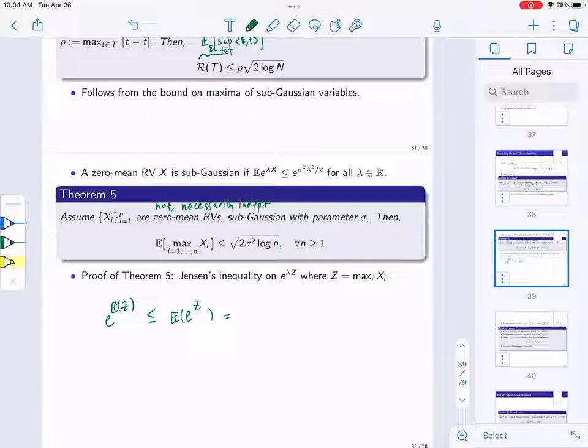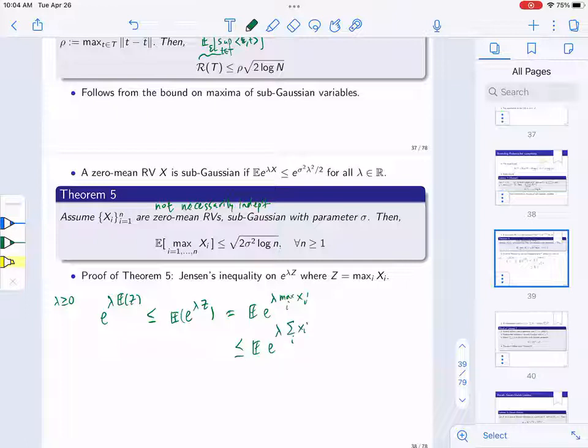This is the expectation. I'm going to allow a parameter lambda here as well, just in case, so lambda is bigger than or equal to 0. Then this is e to the lambda times the maximum of x_i, and then I can bound this by e to the lambda times the summation of x_i.